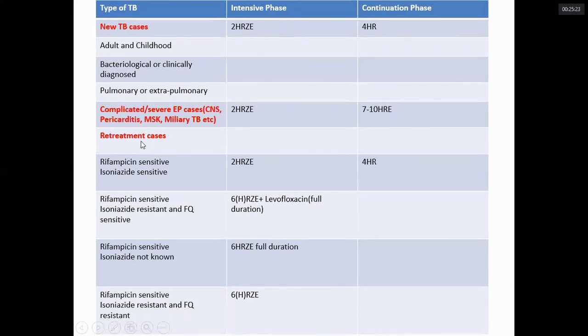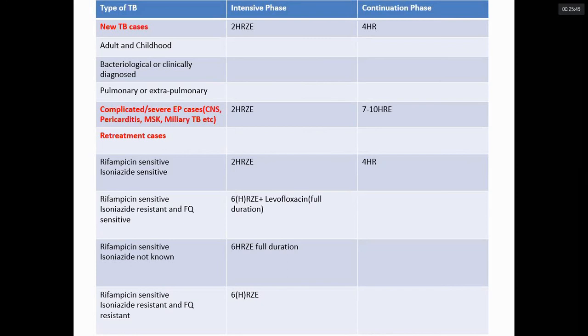And in retreatment cases, in skin tuberculosis also, if it is rifampicin sensitive and isoniazid sensitive, we give 2 months of HRZE, followed by 4 months of HR, isoniazid and rifampicin.